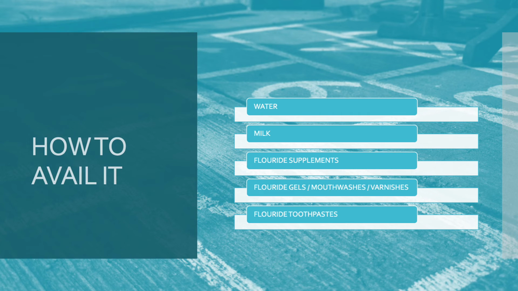Then comes the question: in what forms can we avail it to have the maximum benefit of fluoride on our teeth? So, for its systemic effect, you can have it in the form of water. That means you can have fluoridated water, and fluoride is usually present in water. But there are certain states in India wherein the concentration of fluoride in water is less.